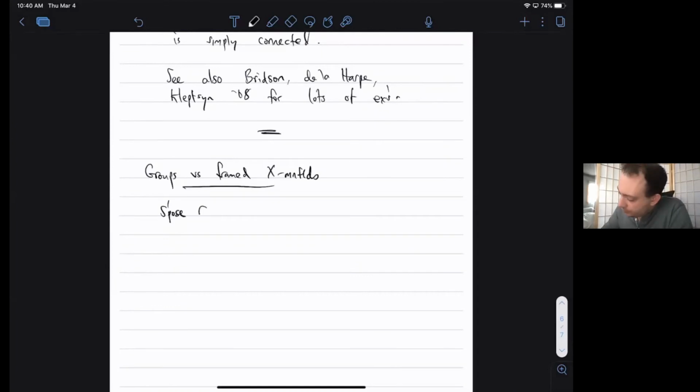So let's suppose that G is a semi-simple Lie group, non-compact, and K in G is a maximal compact subgroup.